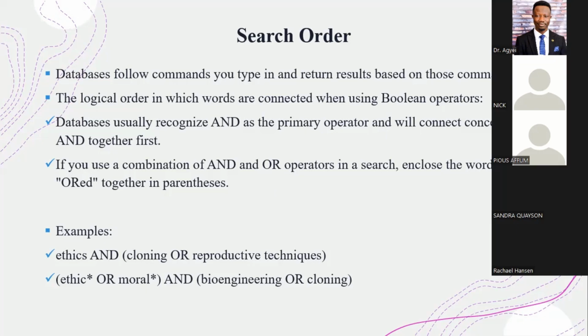So what we are saying is that at the end of the day, we don't have much time. The time that we have, let's be efficient and effective in terms of how we search our research materials, because time is very important in everything that we are doing.